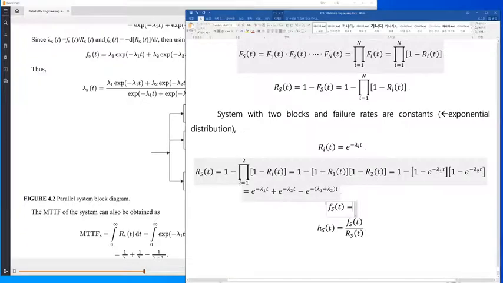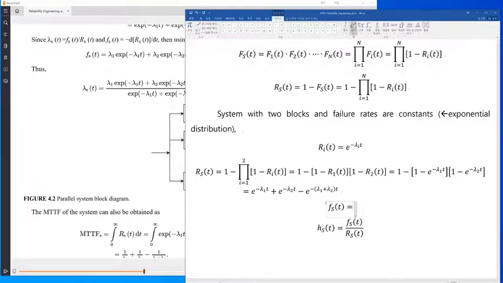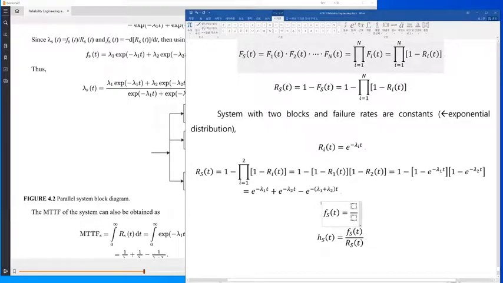So if this is lambda s, once again, the f(t), the probability density function, is given as the derivative of the cumulative distribution function.